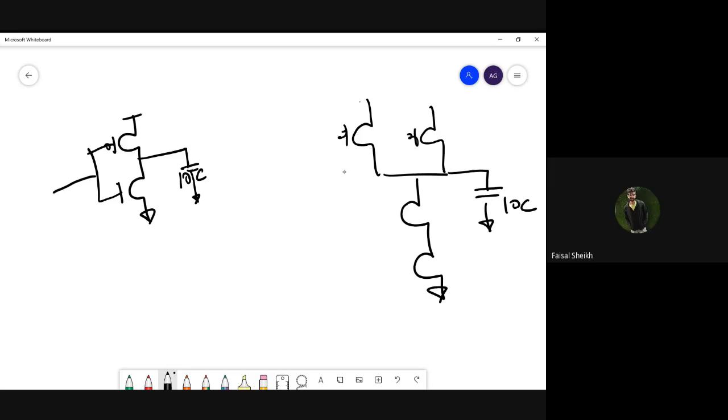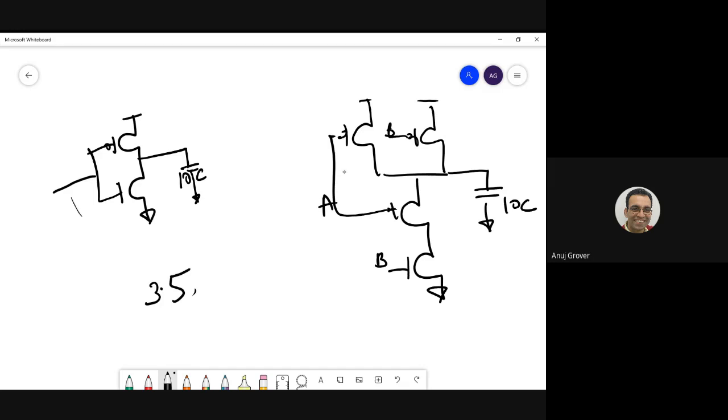I want to keep a stage ratio of, let us say, 3.5. Okay, so what is the input cap? 3C. 3C will be 2 on the PMOS, 1 on the NMOS.